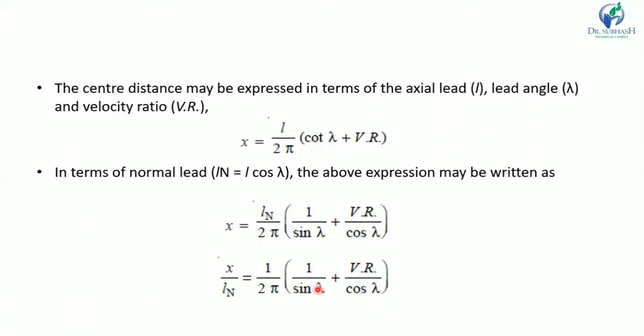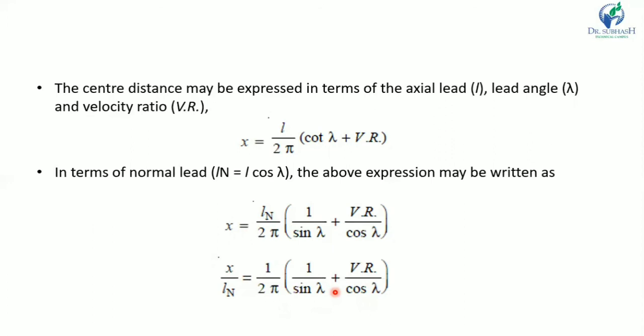The velocity ratio VR is usually given. From this equation, there are three variables: x, ln, and lambda.